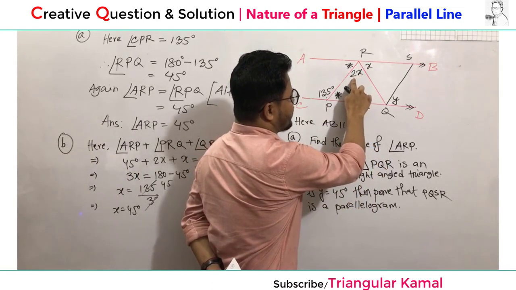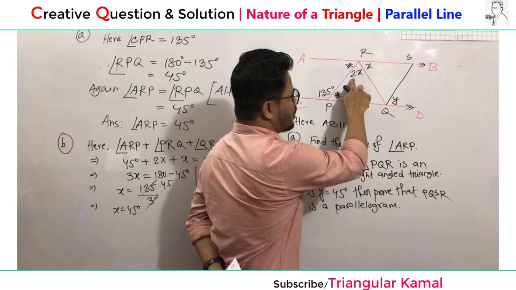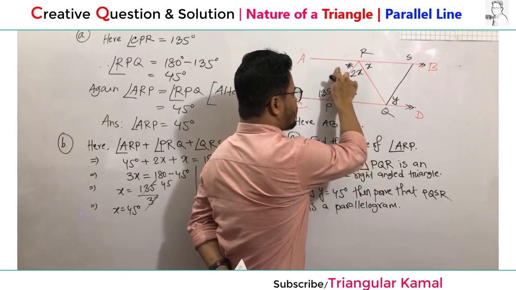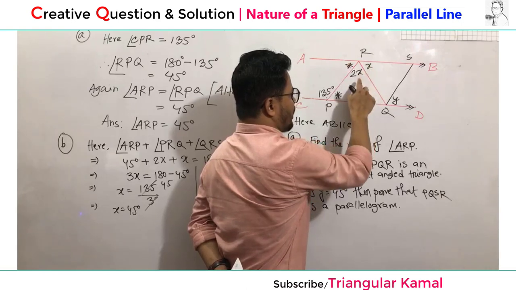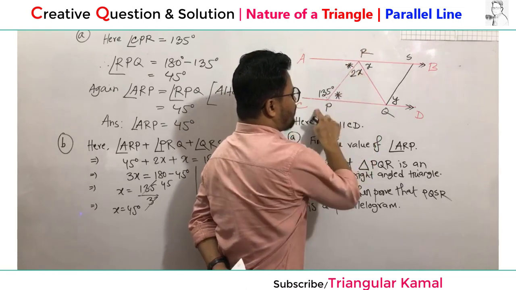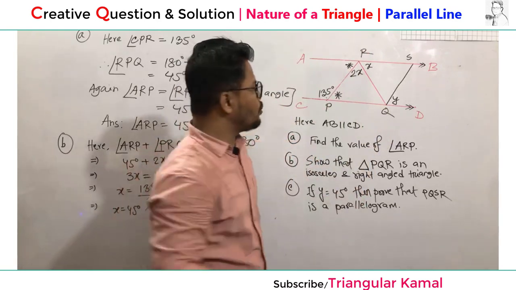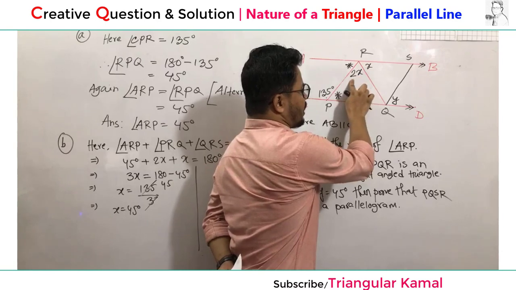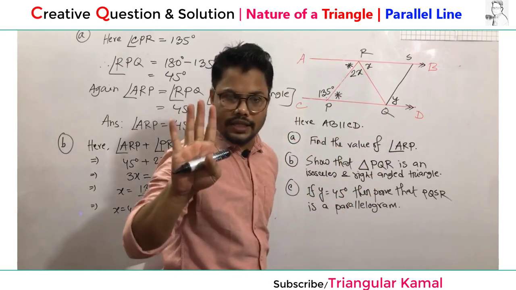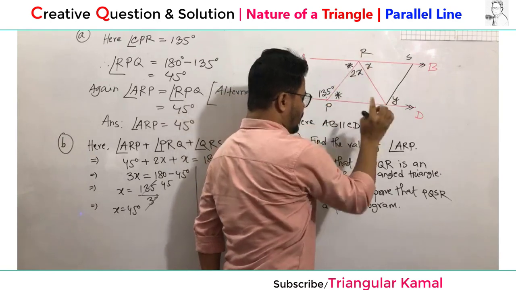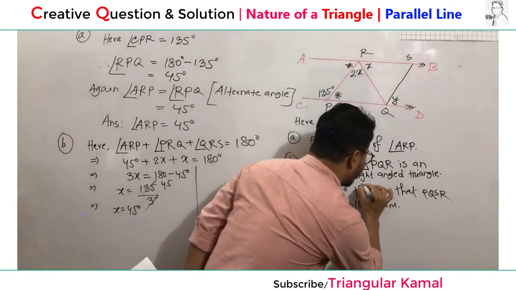This one is 90 degree. 45 multiplied by 2 is 90. So this angle will be 90 degree, this one 45 degree, this one 45 degree. If one angle is 90 degree, definitely the triangle will be a right angle triangle because one angle is 90 degree. The 2 times 45 is 90 degree. So PQR is a right angle triangle. So our first information is done.